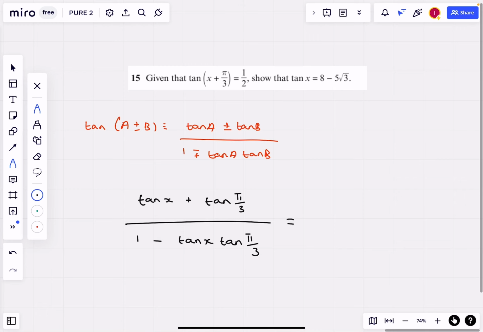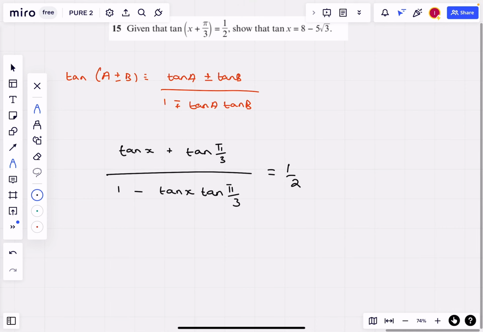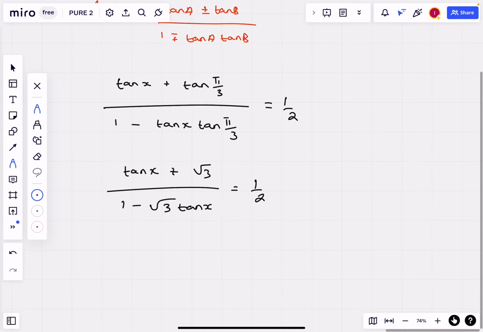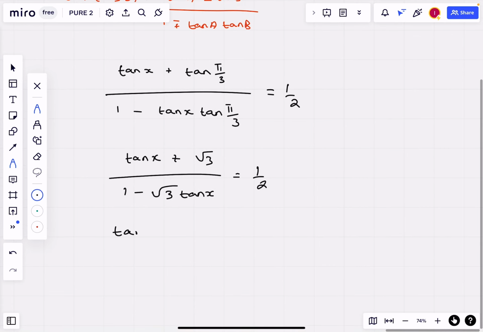And then all of this equals a half. Okay, plugging tan pi over 3 into the calculator, tan pi over 3 is just root 3. This equals a half. Now you can cross multiply. So 2 tan x plus 2 root 3 equals 1 minus root 3 tan x.